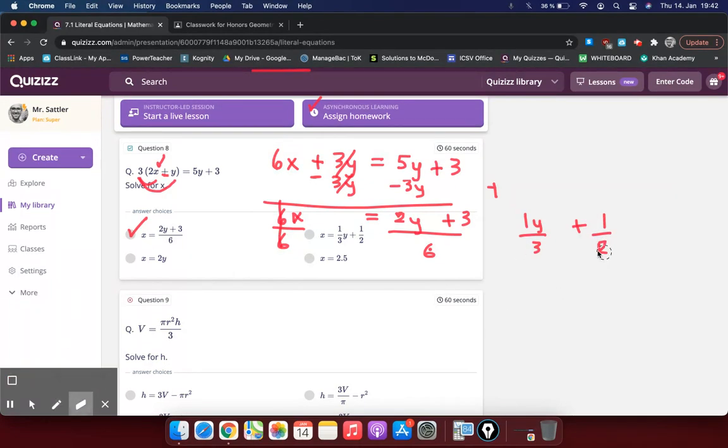Most of the time we don't write 1y, so we could write 1/3 times y plus 1/2 equals x. And so that's this option right here. So both of those are correct.